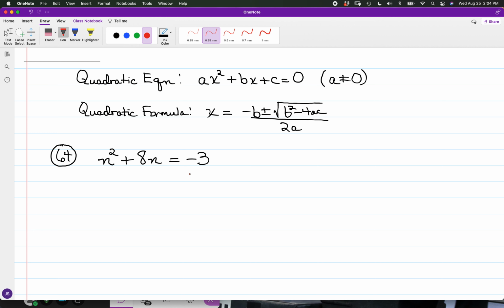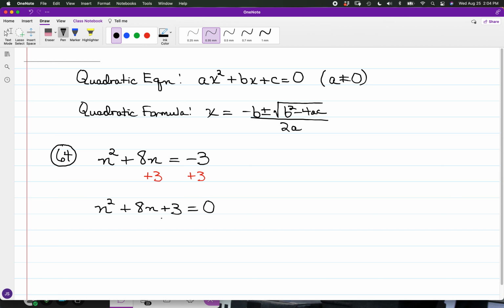So if I rearrange the terms and set this up as a quadratic equation in standard form, we have n squared plus 8n plus 3 is equal to 0. And if you try factoring into integer coefficients, we're not going to be able to do so.